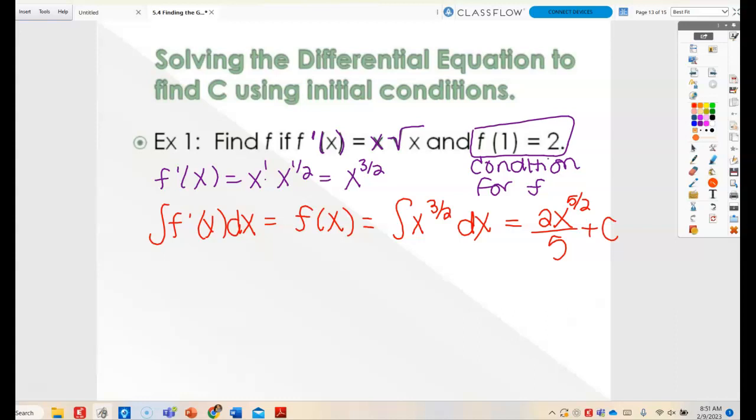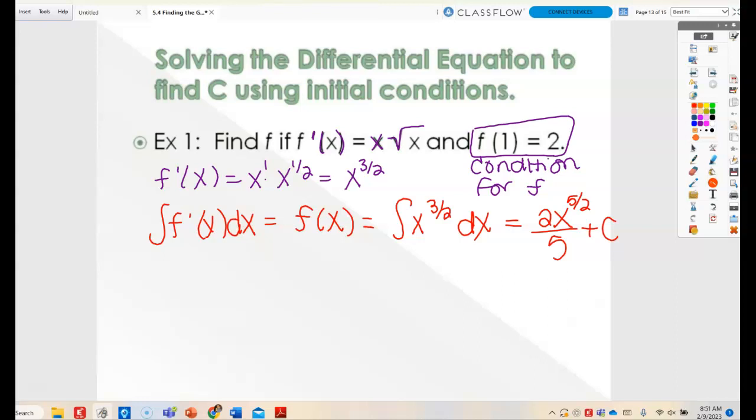However, now my answer does not need to stay as plus c. So plus c means that this answer could arbitrarily be anywhere shifted up or down in the universe.